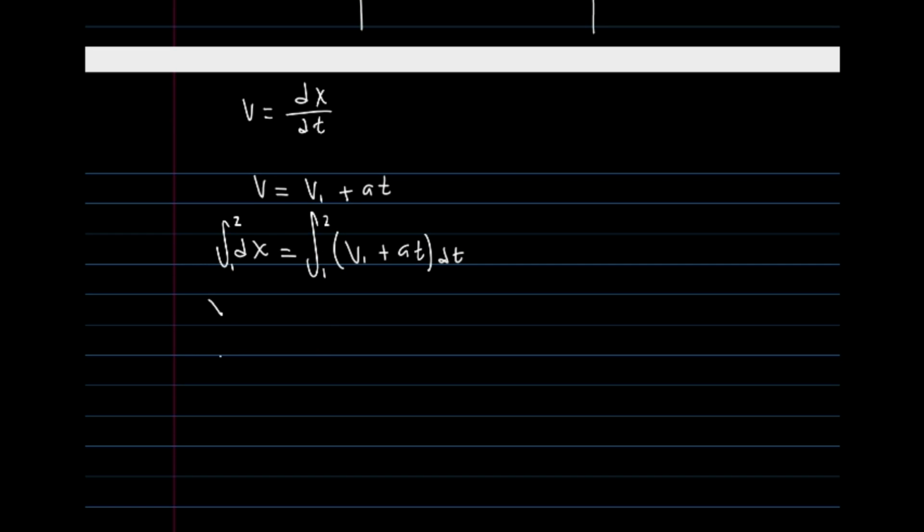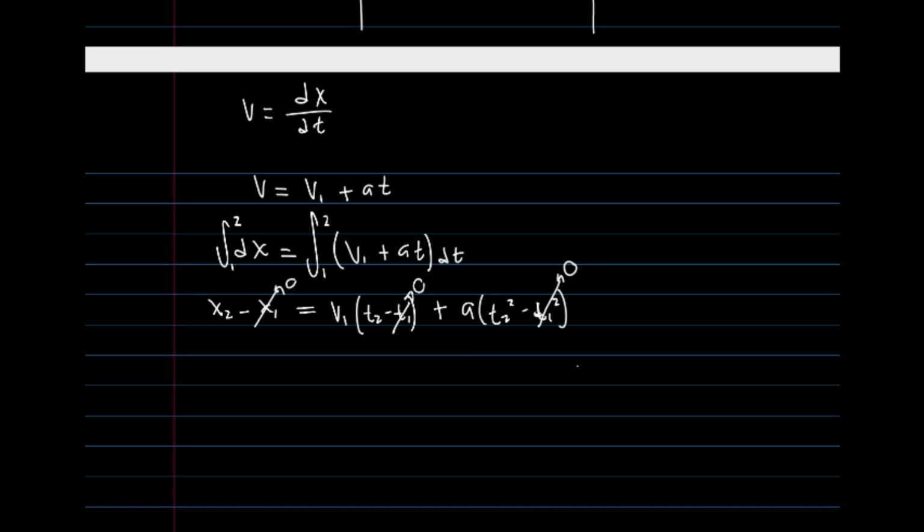So we have x2 minus x1. We'll be saying x1 is 0 equals v1, our initial velocity, times t2 minus t1. t1 again is 0, plus a times t2 squared minus t1 squared.